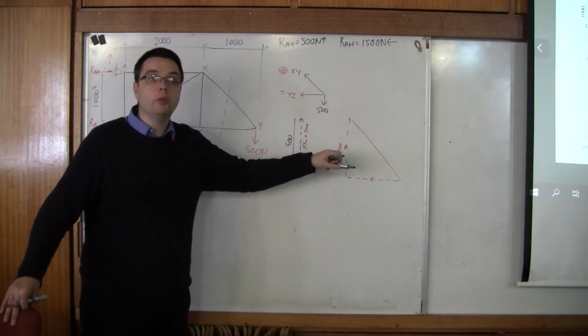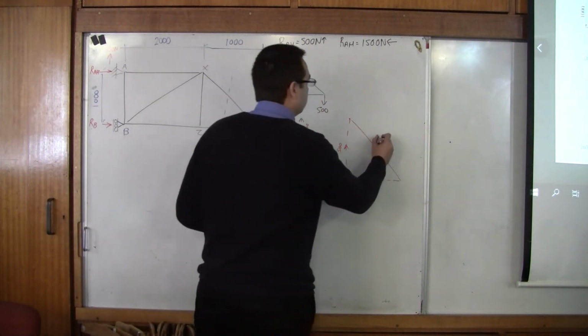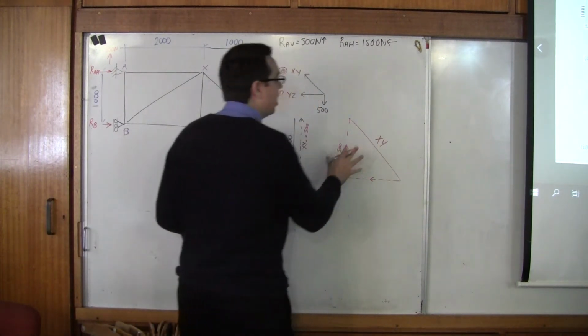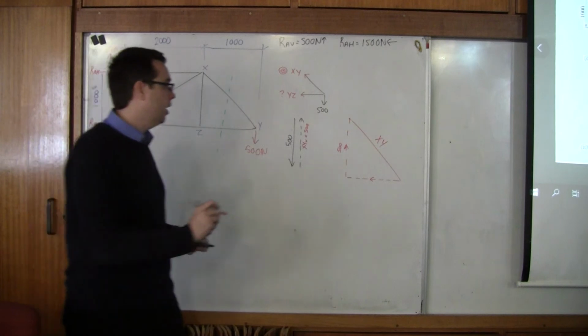It's obviously going to have to be more. XY total is going to have to be more than XYV and XYH.